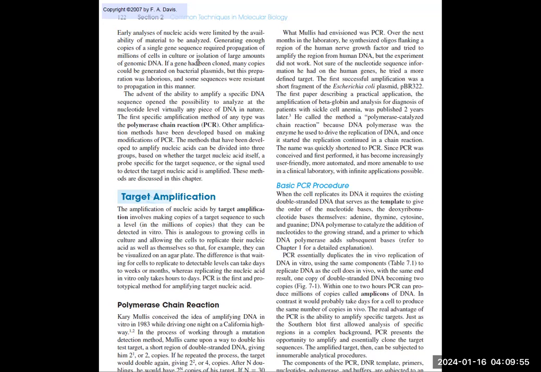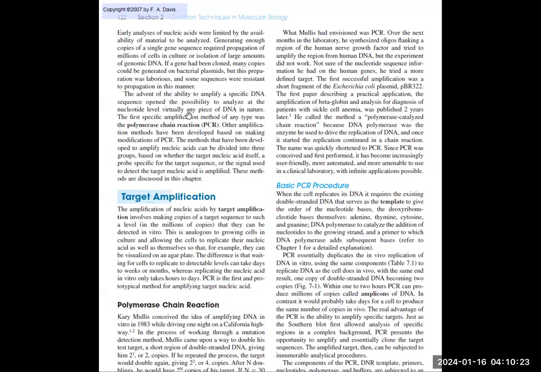Cloning allowed multiple copies in bacterial plasmids, and it was tedious, tiresome, and certain sequences resisted propagation. So the advent of specific DNA sequence amplification, notably through PCR, revolutionized nucleic acid analysis, and subsequent methods, often modifications of PCR, enabled versatile DNA analysis.